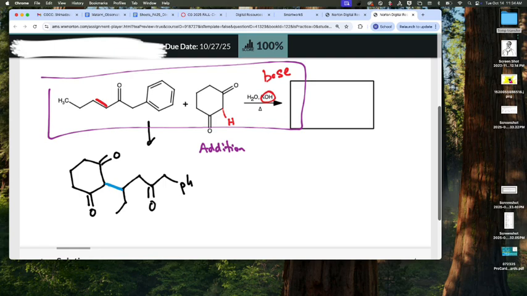If we consider an addition, it is the loss of a pi bond by doing what? That's now saying a nucleophile addition. We could do an electrophile addition. So just an addition generally.